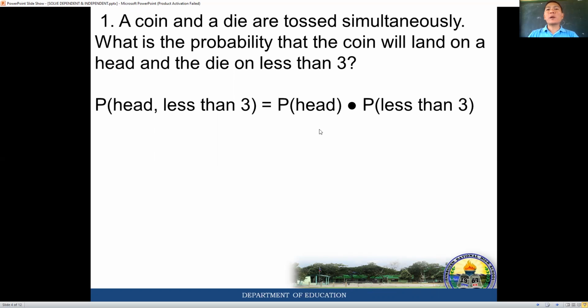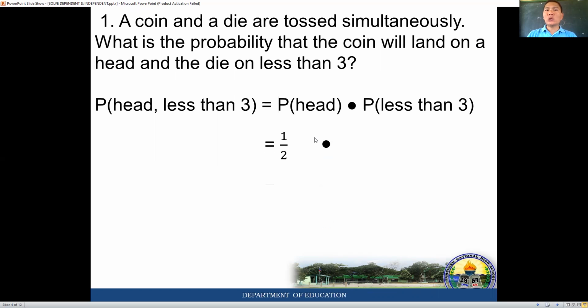And so what is the probability of a head? That is 1 over 2, or 1/2, times the probability of a die that will land on less than 3. So what are those favorable outcomes? That is 1 and 2. So these are the numbers less than 3.